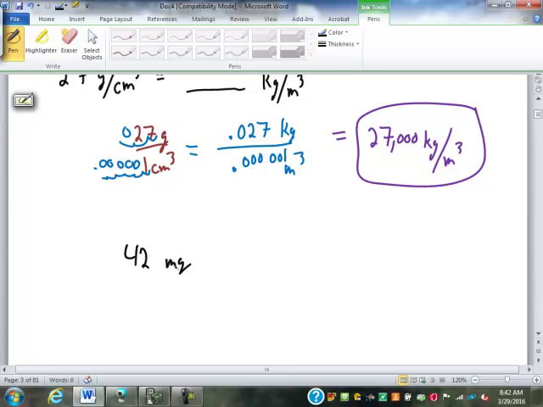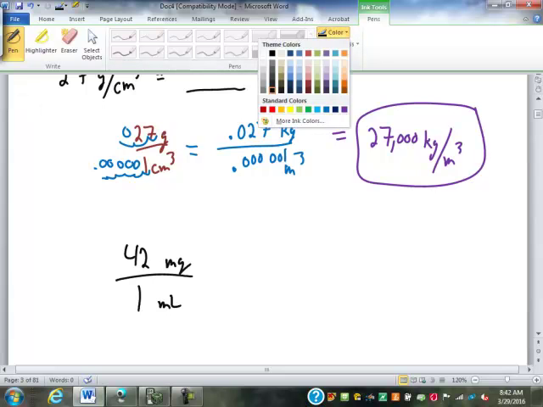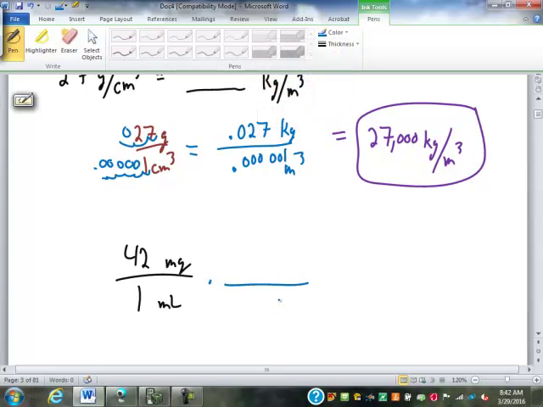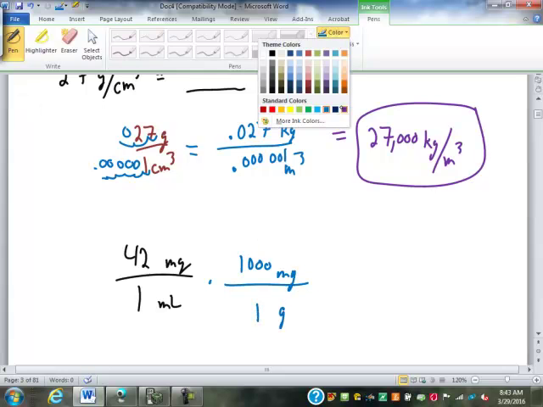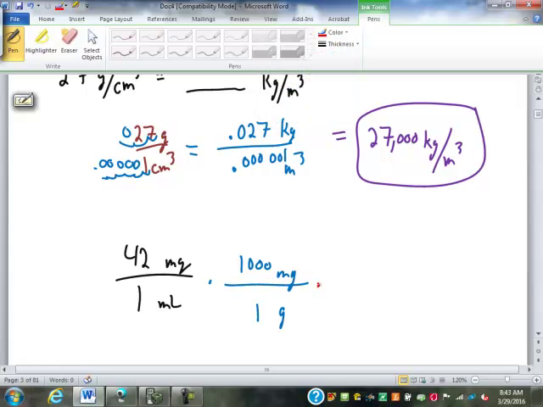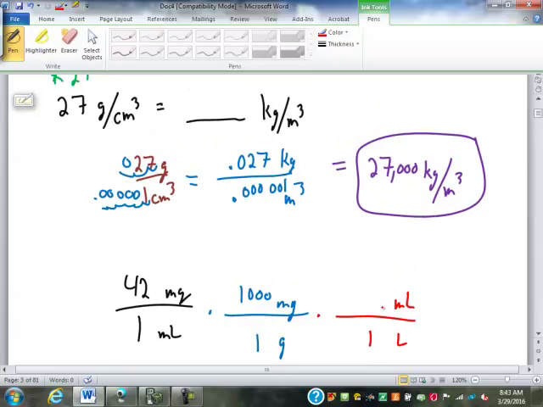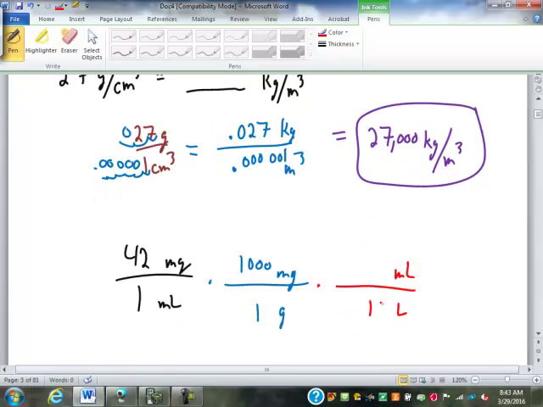Otherwise, what we could have done, of course, 42 milligrams per milliliter. This is going to go to grams, milligrams. 1 gram is 1,000 milligrams. This milliliters is going to liters. 1 liter. I did that backwards here. Milligrams should be on bottom, of course.